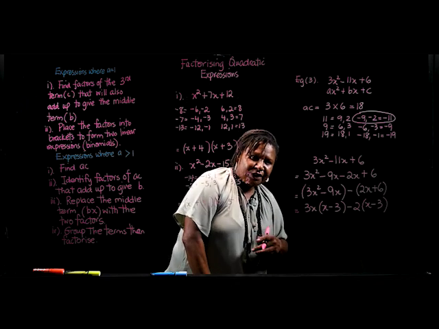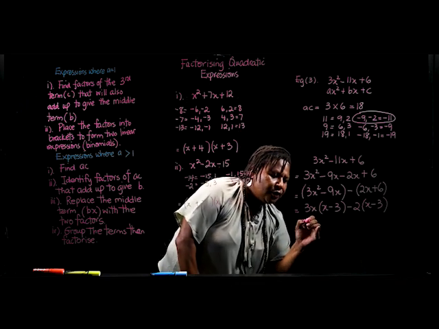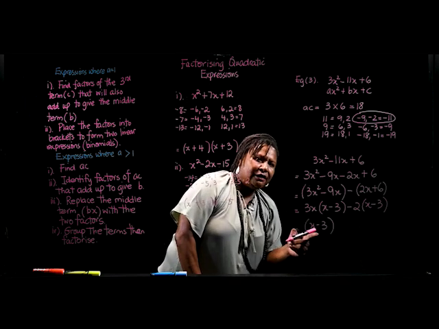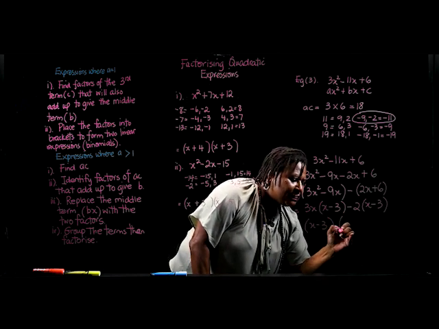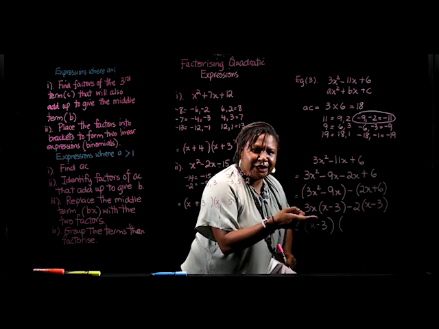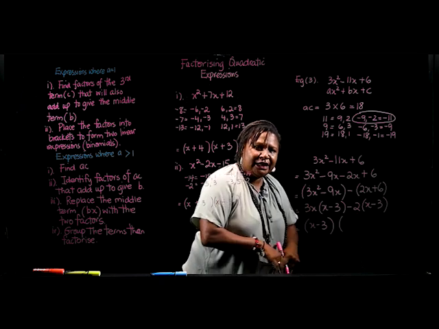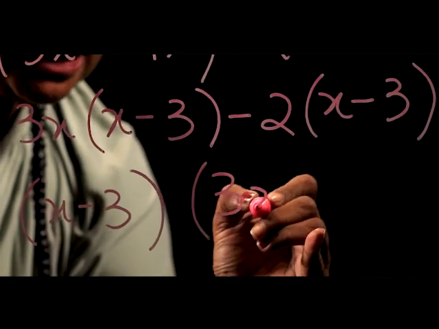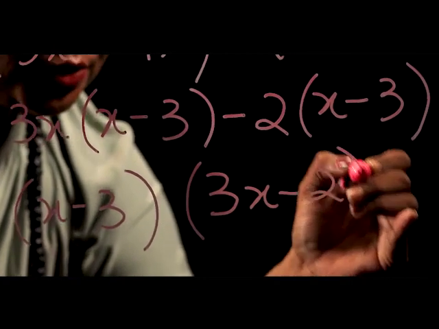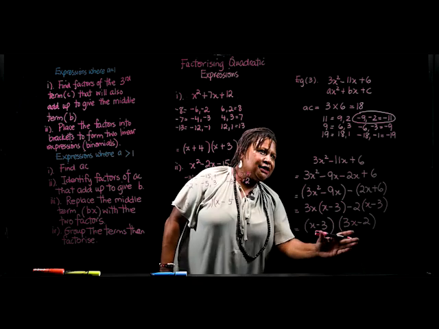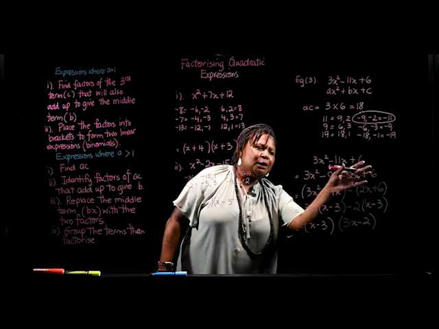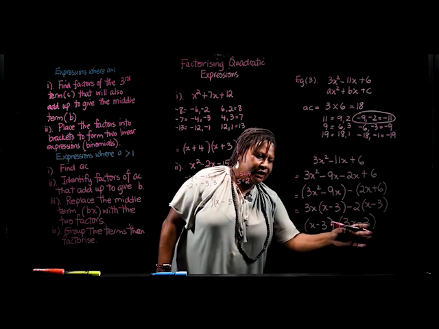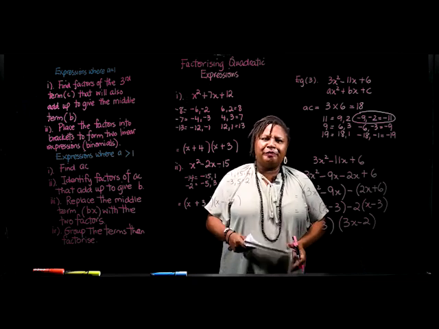So it becomes the first factor, okay? So x minus 3 is now the first factor, and the second factor are the remaining numbers here, 3x and negative 2. So that goes into the second brackets. 3x minus 2. Okay? So the factors of the expression 3x squared minus 11x plus 6 are x minus 3 and 3x minus 2. Okay?